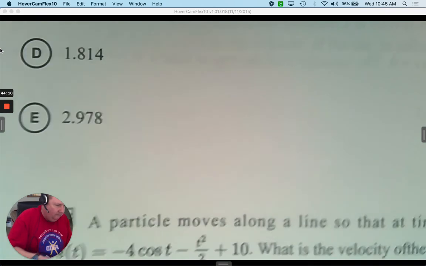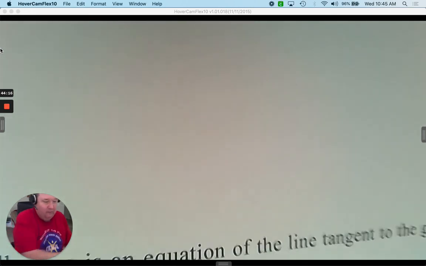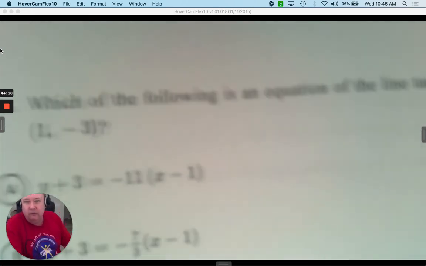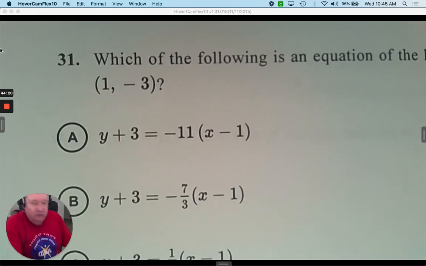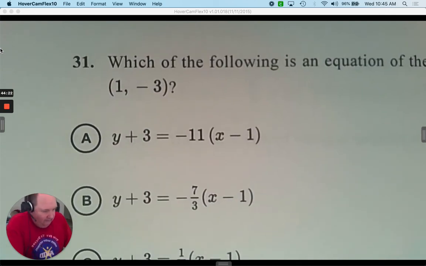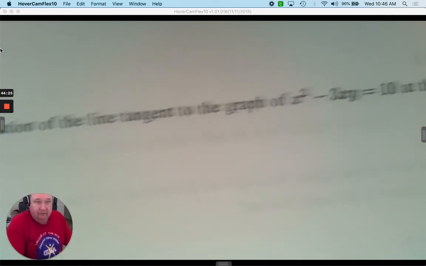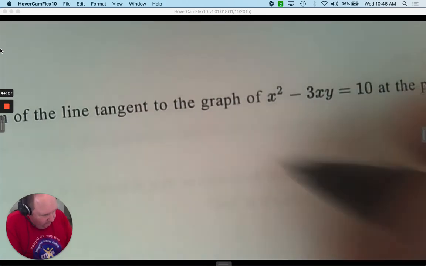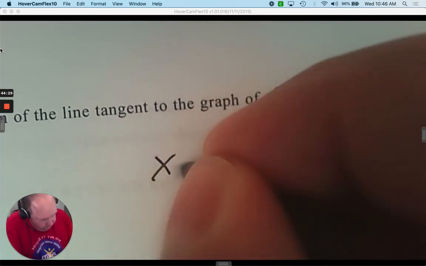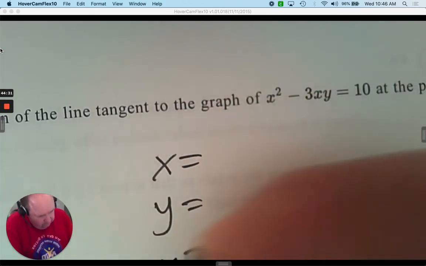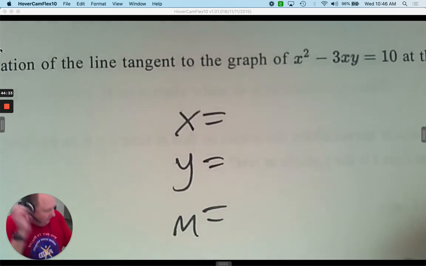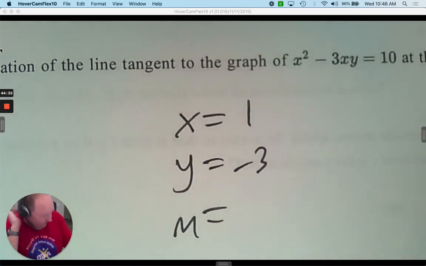31. This is it. I thought so. Last one, number 31. I am so under an hour. Which of the following is an equation of the line tangent to this graph? So an equation of a tangent line, the x value, the y value.